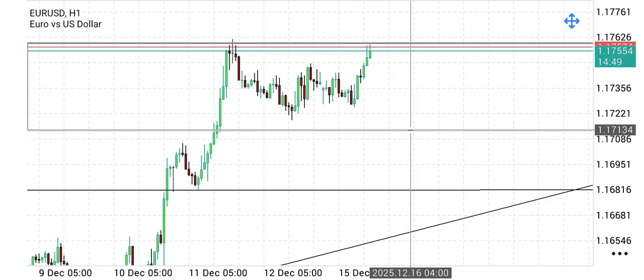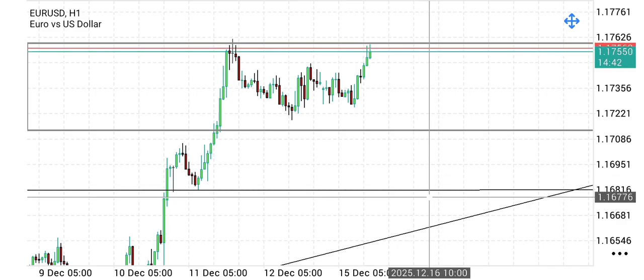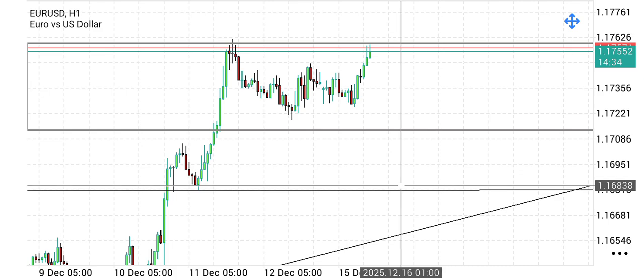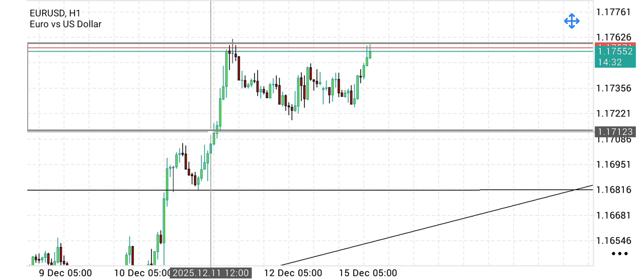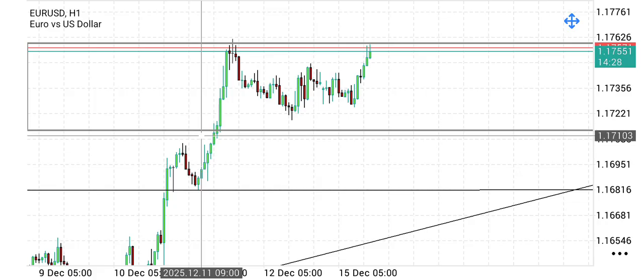You might witness buys on this zone, or the price might just drop until somewhere around here. Then that's when we will see buyers, because you can see this significant move to the upside, that the buyers were here on this zone.